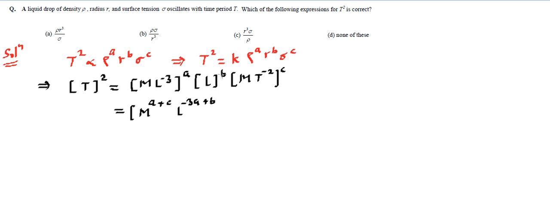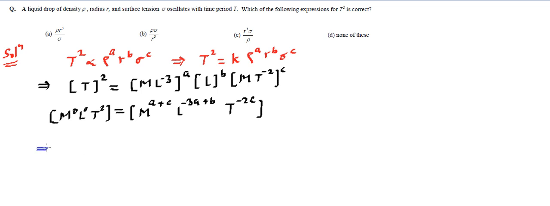And L raised to power b, when multiplied, the powers get added. Finally T raised to power minus 2c. Now this is the right hand side, and on the left hand side we find M raised to power 0, L raised to power 0, T raised to power 2.